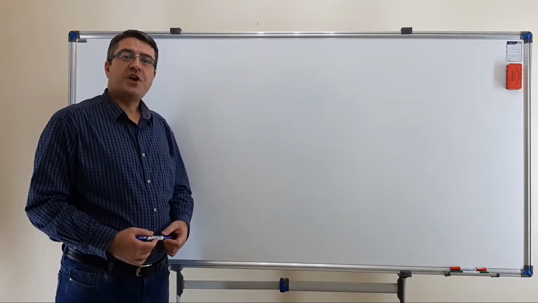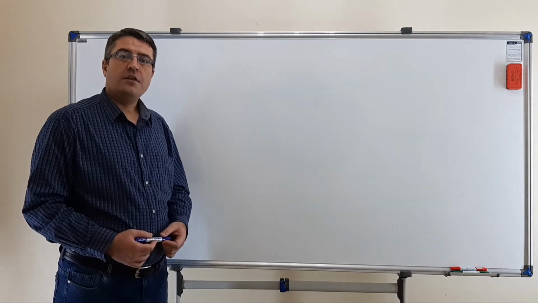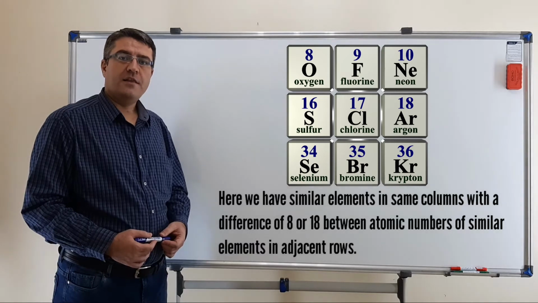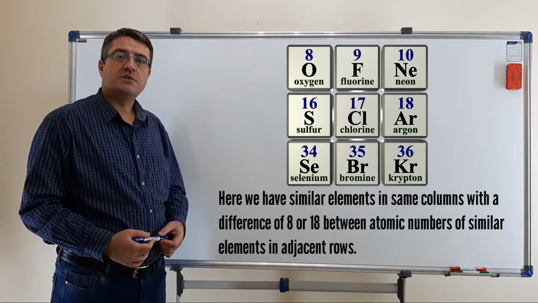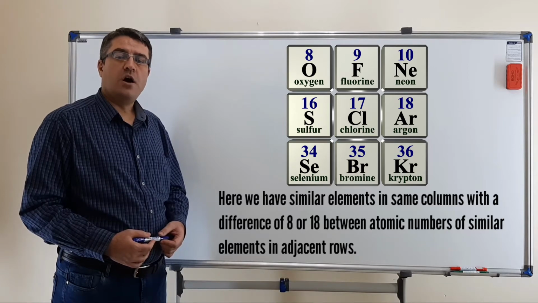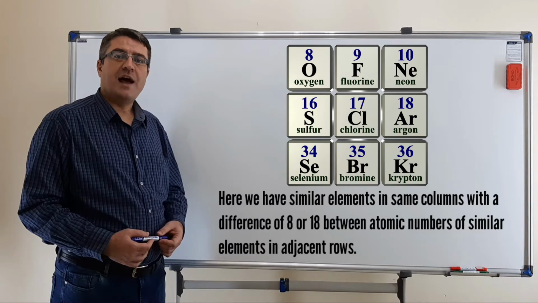For example, the chemical elements oxygen, fluorine, and neon with successive atomic numbers 8, 9, and 10 are respectively similar to the chemical elements sulfur, chlorine, and argon with successive atomic numbers 16, 17, and 18.